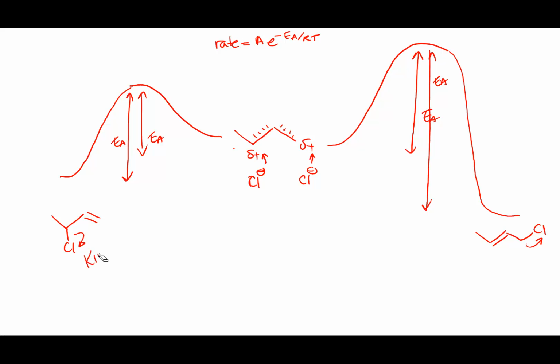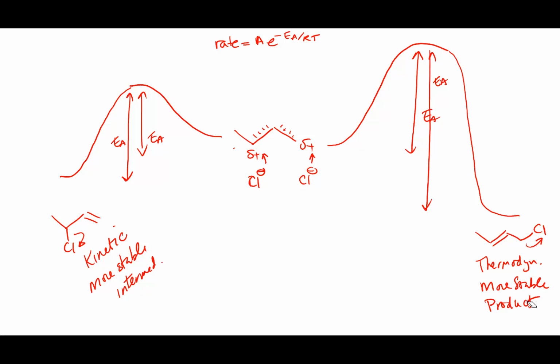So the kinetic product is the one that comes from the more stable intermediate, and the thermodynamic product comes from the more stable product. The kinetic product is favored under short reaction times, low temperature.